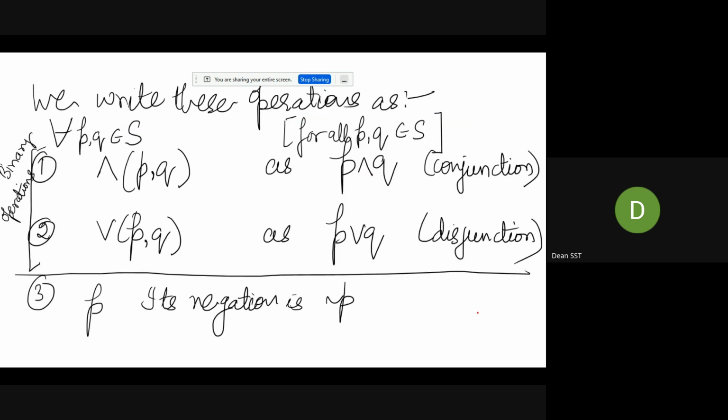Now let us see a few examples. This symbol states for all.